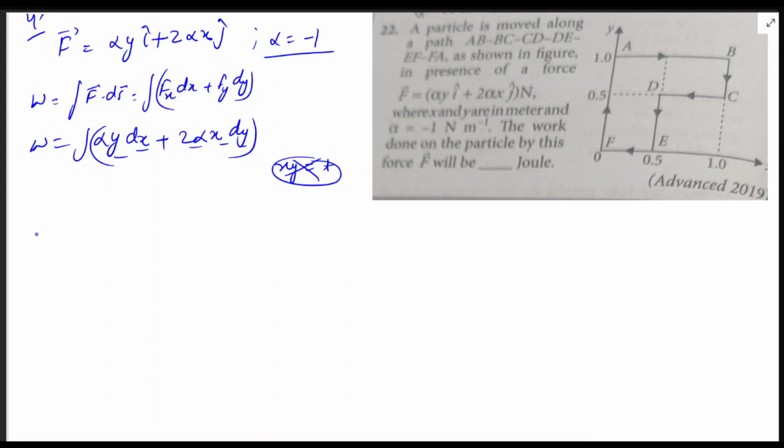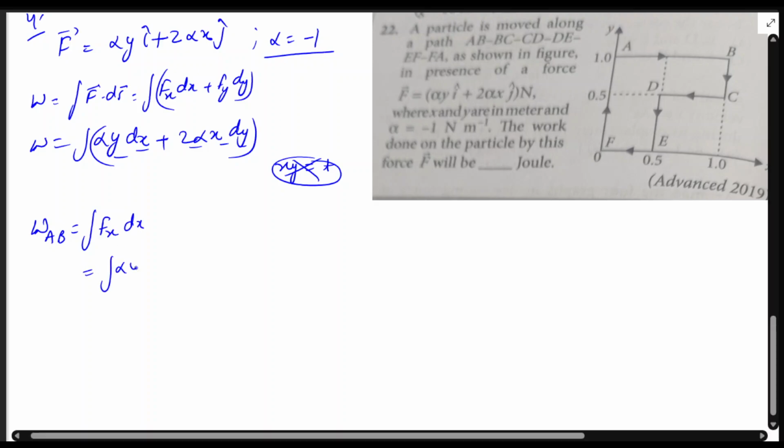Now let's start. First, we'll find the work done when it is moving along the AB path. Now look, in the AB path, y coordinate is constant and x is changing. So dy is 0. So we can simply write fx dx, so it will be alpha y dx.